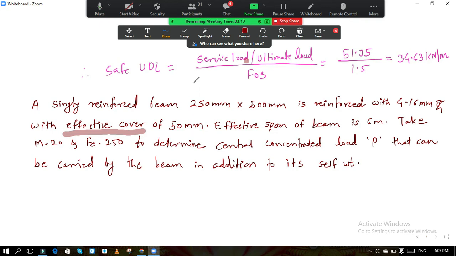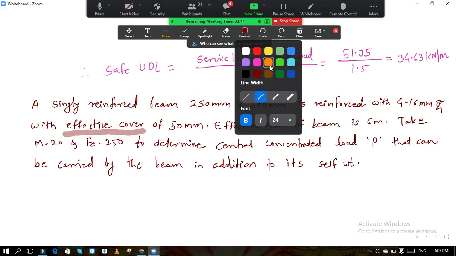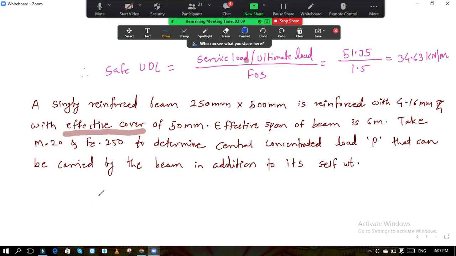So now first of all, we will calculate AST, the area of steel. How do we calculate that? It is 4 bars of 16 mm diameter.